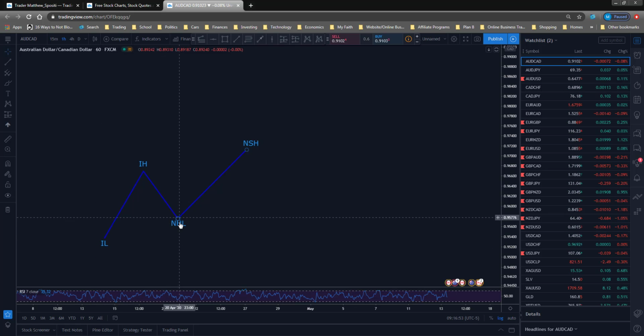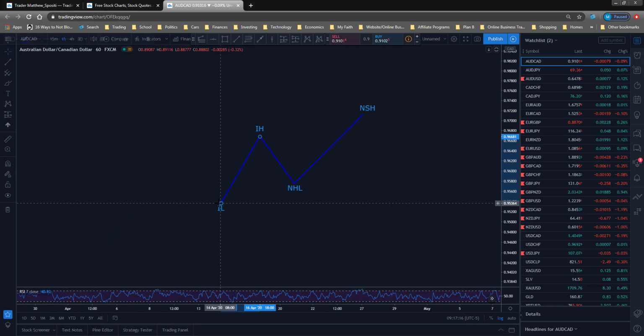You could call this a new structure low, an NSL, and then you could call this a new structure high, NSH, or a new higher low and a new higher high, HH. Either, it doesn't really matter. The verbiage, all that stuff, they all mean the same thing, okay?